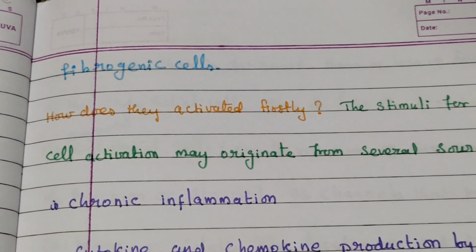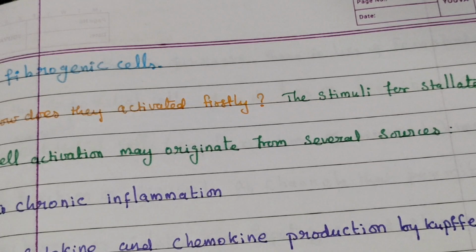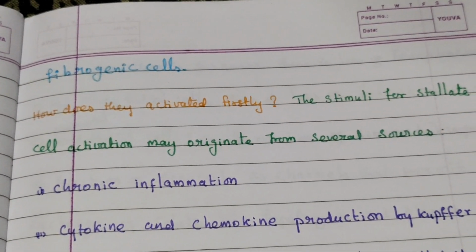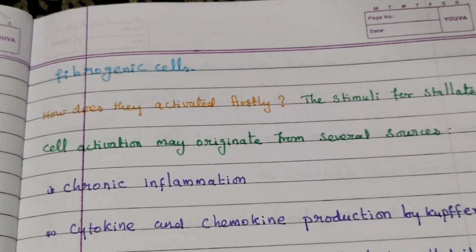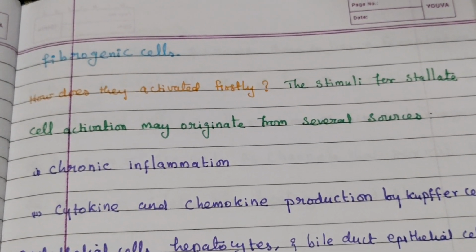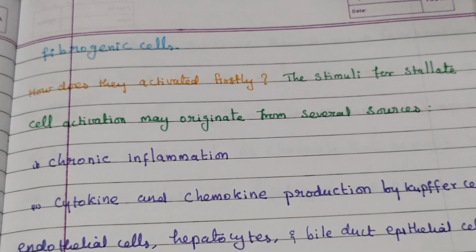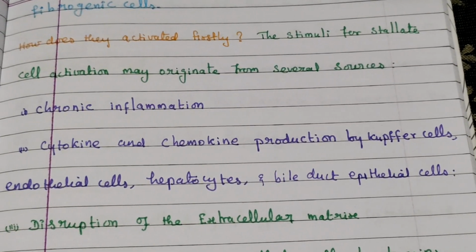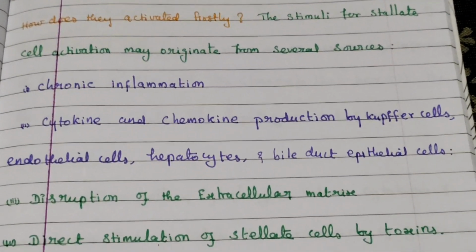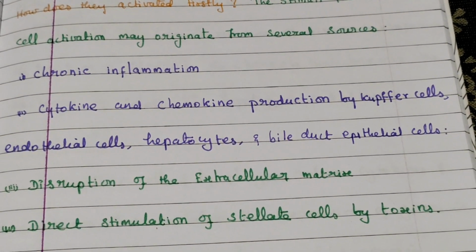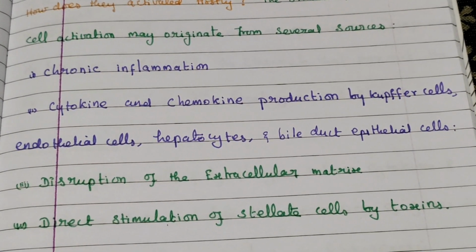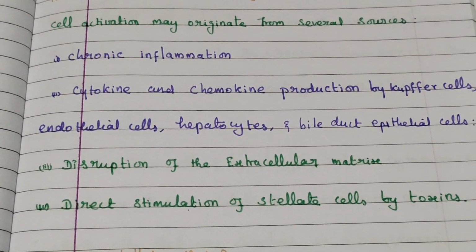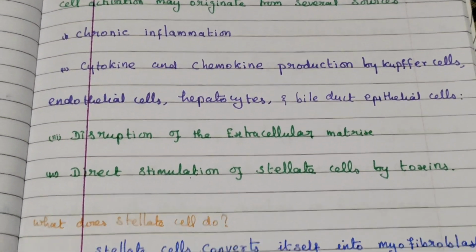Activation of the stellate cell is due to many things: chronic inflammation like hepatitis, where Kupffer cells produce cytokines and chemokines; disturbance of extracellular matrix; or direct stimulation of the stellate cell by toxins such as alcohol and some drugs. These are the ways by which stellate cells get activated.